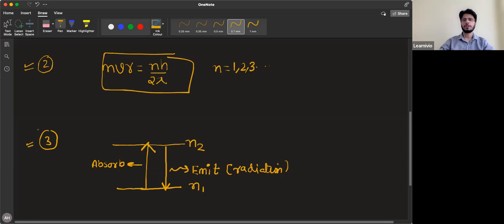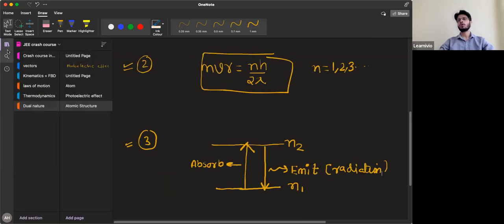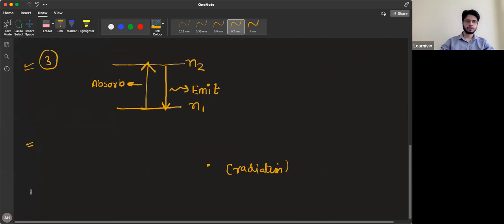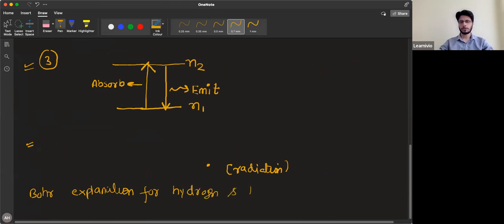Okay, so the next is in the Bohr model. The Bohr model is valid for a single electron atom, meaning an atom having just one electron. Bohr explanation for hydrogen and hydrogen-like atoms. Hydrogen-like means atoms which have a single electron.